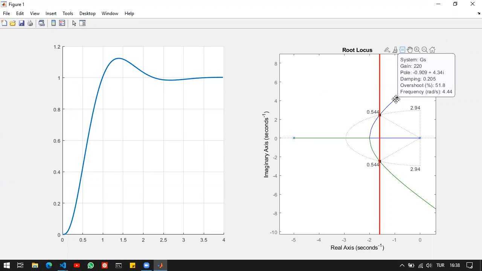So around here somewhere, if I choose it here, I will have lesser zeta value because it's correlating with the cosine of this angle here. So if the angle increases, the cosine decreases, therefore zeta decreases, therefore overshoot increases.